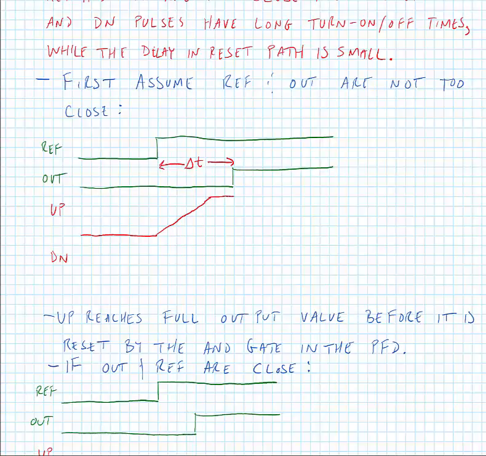Now, the down pulse doesn't do anything until the output edge starts. Then it goes up. And once it reaches the threshold of the AND gate that's going to turn the reset on in the PFD, then everything will start to reset.